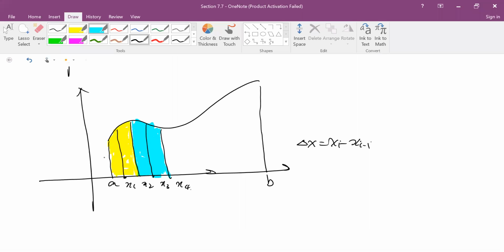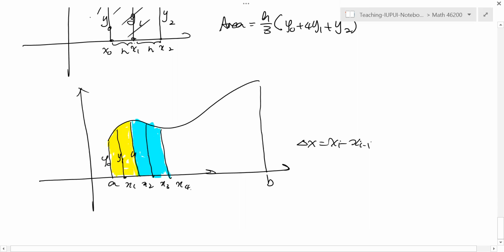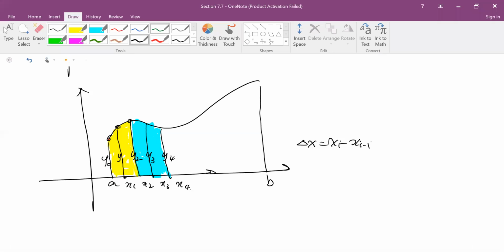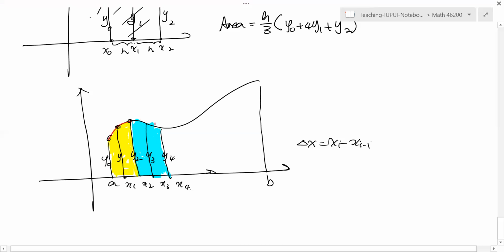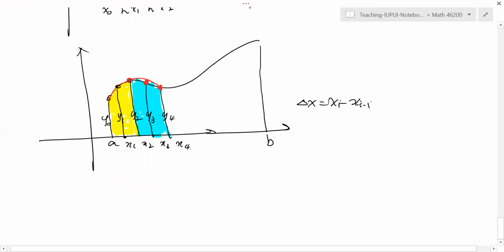So here it's y0, y1, y2, y3, y4, and you have 3 points. I'm going to approximate them by a quadratic, by a parabola. It does not match the original curve exactly, but it's a pretty good approximation.